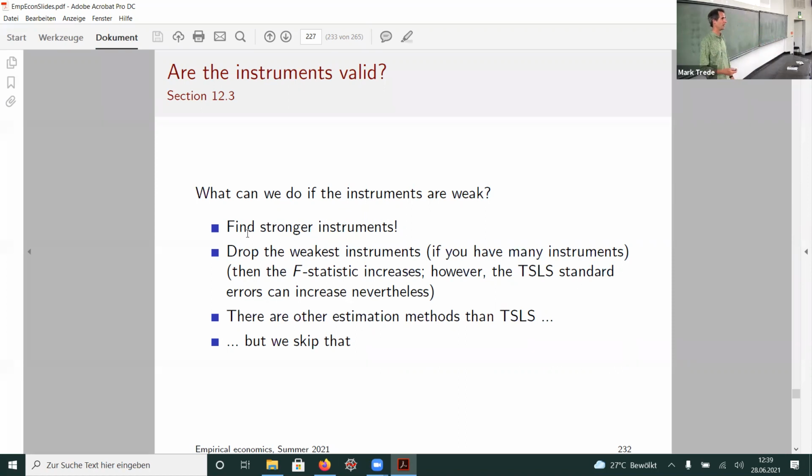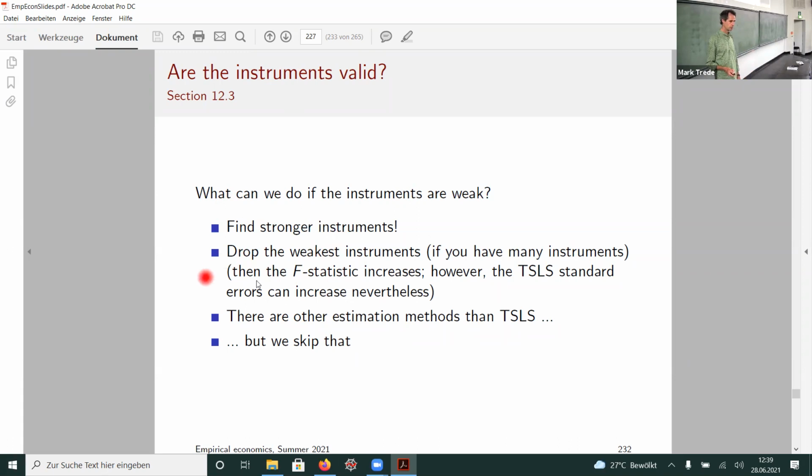So you will find a story why your instrument is connected in some way to Y. So it's really hard to find instruments that do have an impact on X, but not on Y. Not directly on Y. Only indirectly via the X, of course. Okay, so yeah, find stronger instruments. That's the best way, of course, but it's hardly doable in many cases.